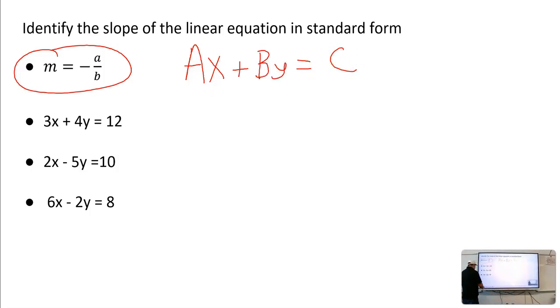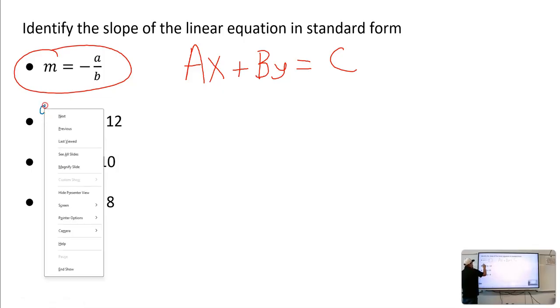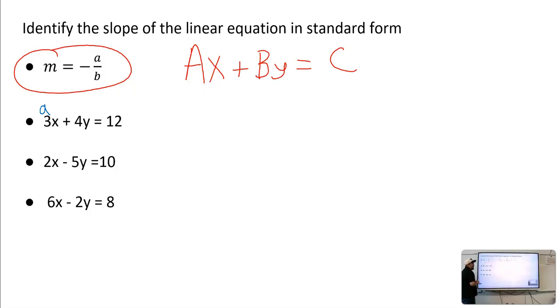In this first problem, the 3 is in the a position. And what's in the b position? Well, that would be the 4. So we're just going to use this formula. We're going to put a negative sign down, and we're going to do a, which is 3, divided by 4. If you can simplify it, simplify it. In this case, we can't. So our slope is simply negative 3/4.